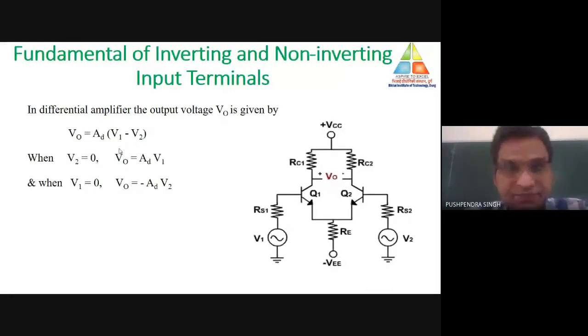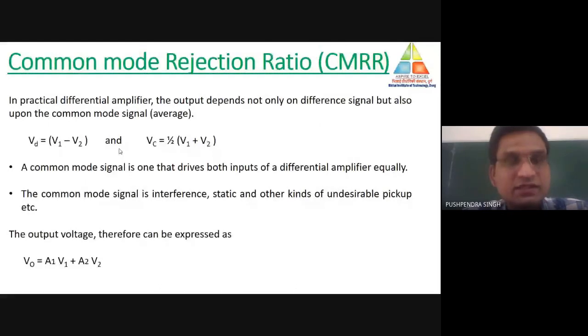Now the CMRR, which is our main topic of today's lecture. CMRR is nothing but common mode rejection ratio. And the fundamental of CMRR is based on the complete expression of the output. As per whatever we have discussed till our last lecture, the output voltage depends completely on the value of differential mode gain and the signal we apply from the input terminal.